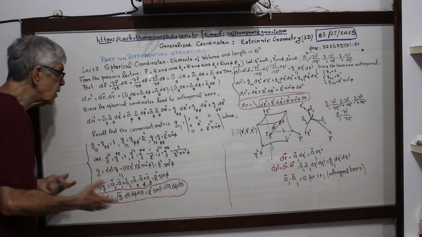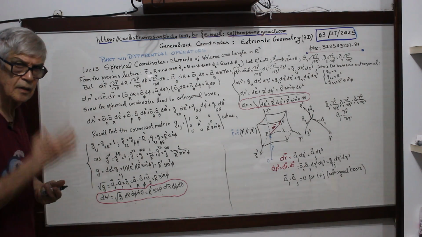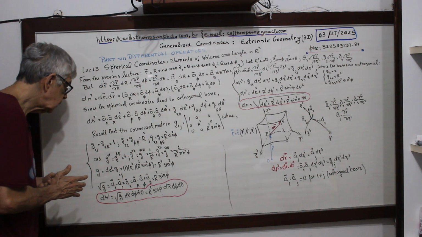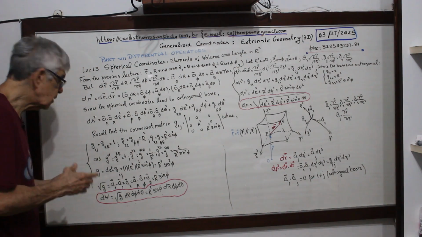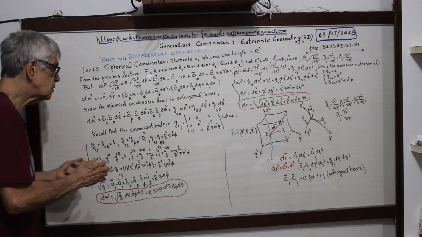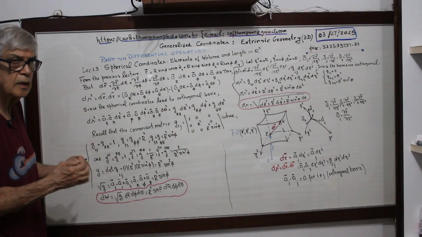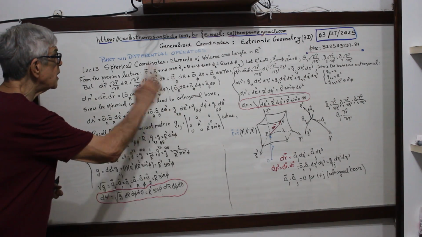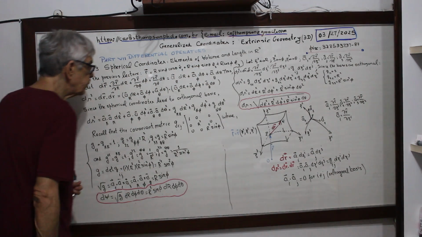Because C1 we set equal to capital R, and in this case C2 is phi, C3 is theta. So that's quite clear. So you already obtained the element of volume.